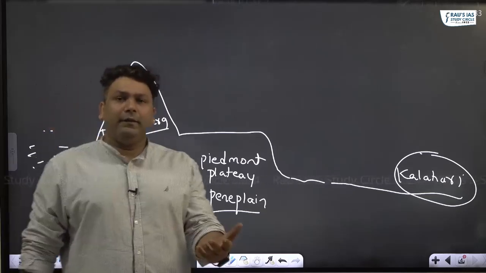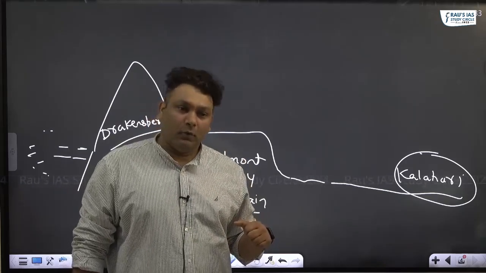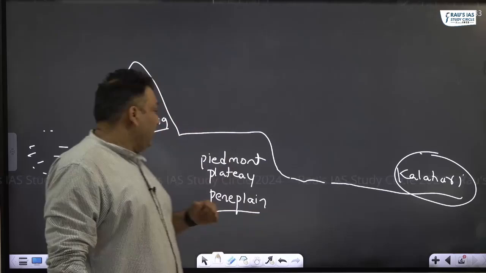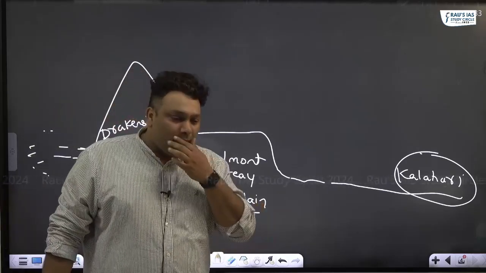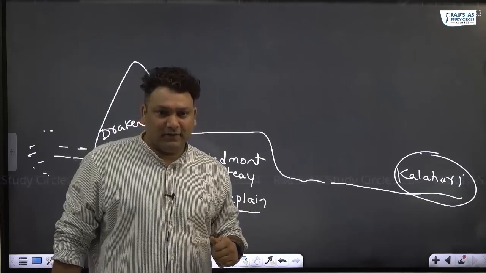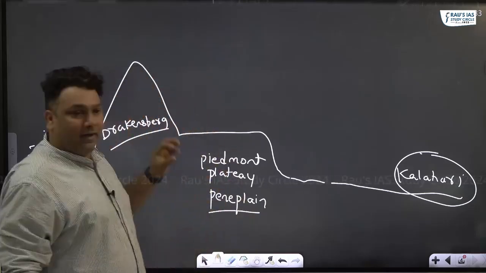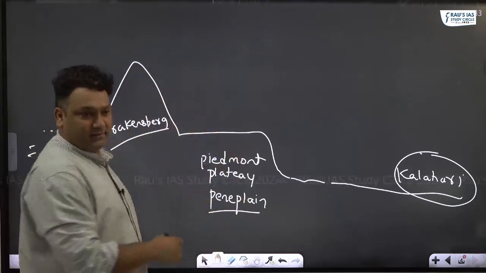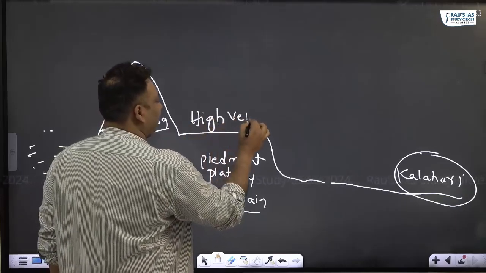Now, Africa is a hot country or a cold country? Hot, right? So in a hot country, will you have a temperate grassland? You shouldn't be having, right? You should be having tropical grasslands. But again, you have a temperate grassland because of the elevation. So here you have a grassland called high veld.